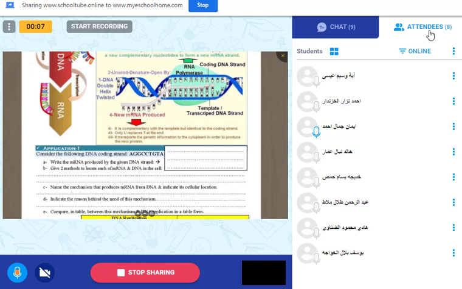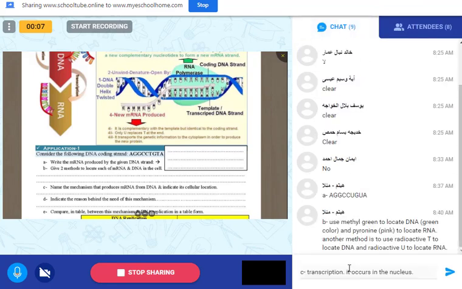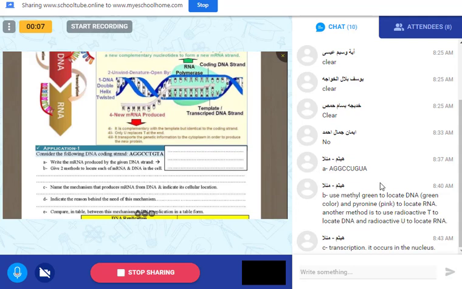Where does it happen? In the nucleus. So transcription occurs in the nucleus.